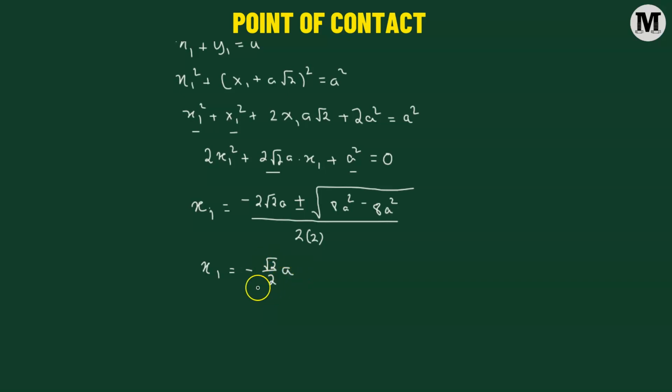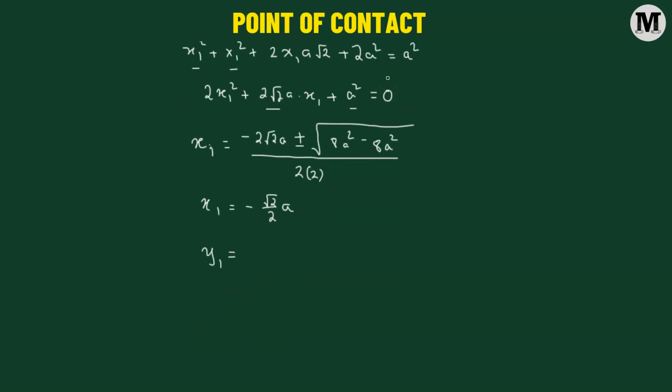Now that we have the value of x1, we can find y1 because we have y1 equal to x1 plus a times square root of 2. So let's replace the value of x1 with negative square root of 2 over 2 times a, plus a times square root of 2.